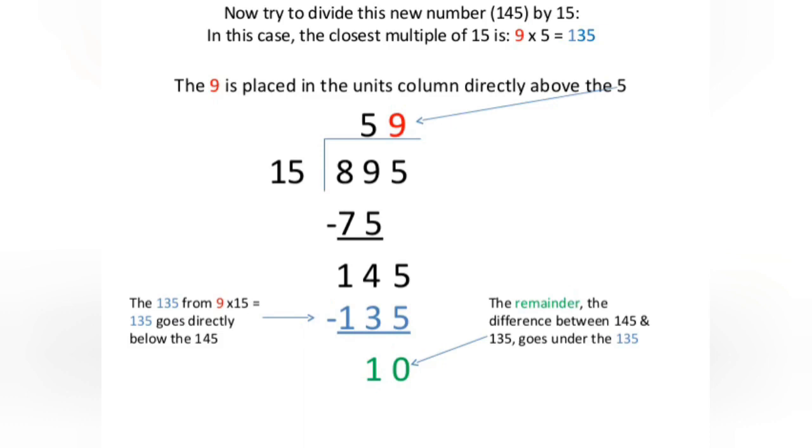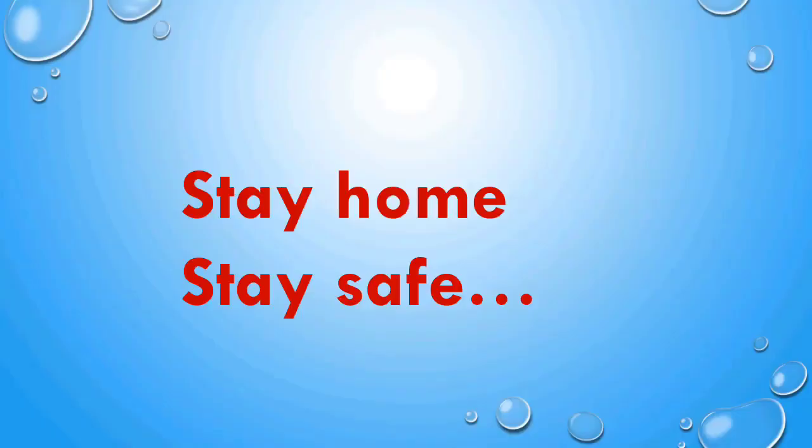So this is the last step which we have done. Now after dividing these two numbers, we get quotient as well as remainder. That means when we divide 895 by 15, we get 59 as quotient and 10 as remainder. In the same way, we can divide a number by 3-digit numbers also.